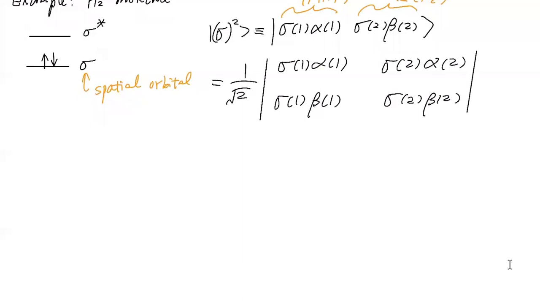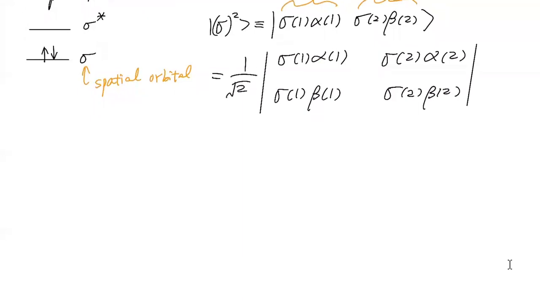So here I simply use 1 and 2 to denote R1, R2, or S1, S2. For the spatial function, 1 simply means R1, 2 simply means R2. For the spin function, 1 simply means S1, 2 simply means S2. Okay.